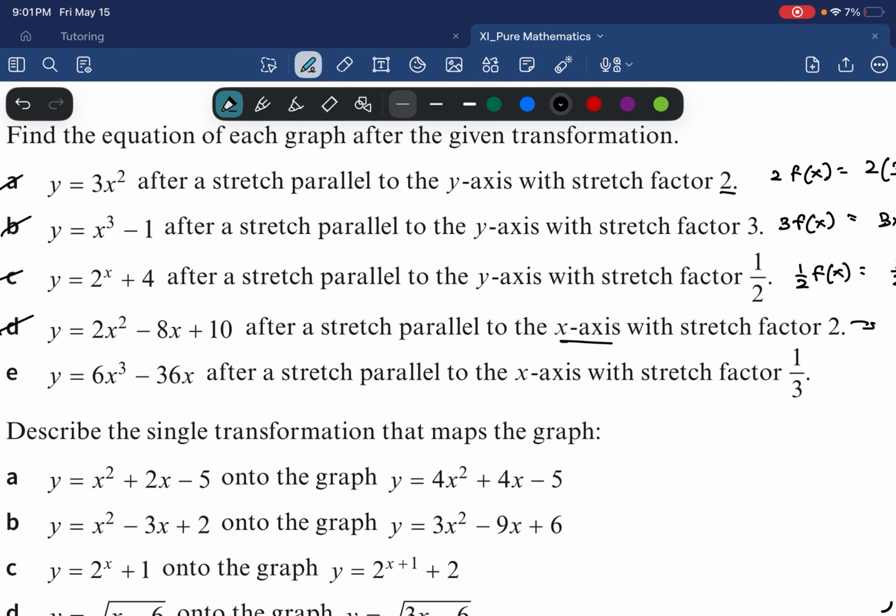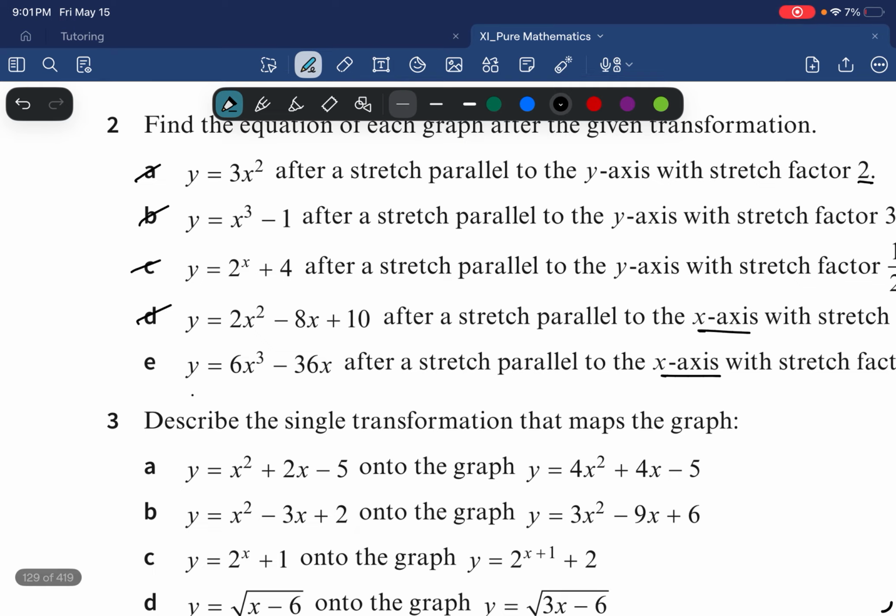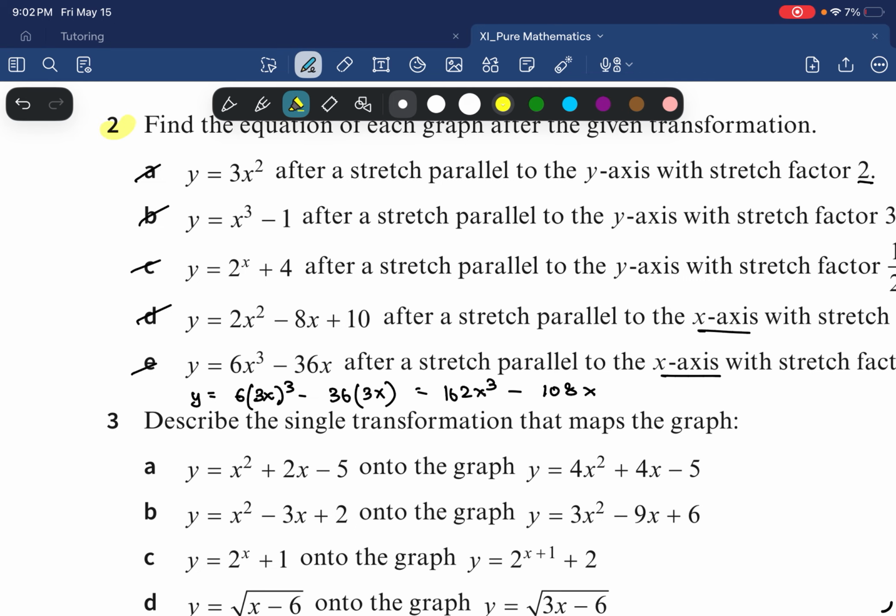And then finally, the stretch factor is 1 over 3. So this is just going to be f of 3x with respect to the x-axis. So f of 3x is going to be 6 times 27 x cubed, which is 162 x cubed, minus 36 times 3, which is 108 x. All right, so we're done with question 2.